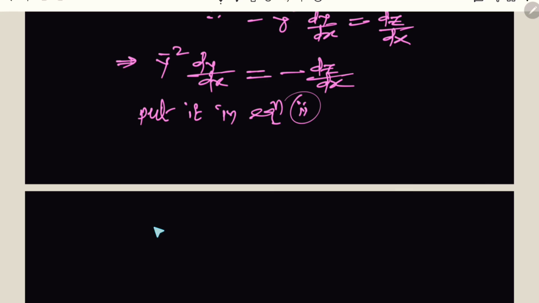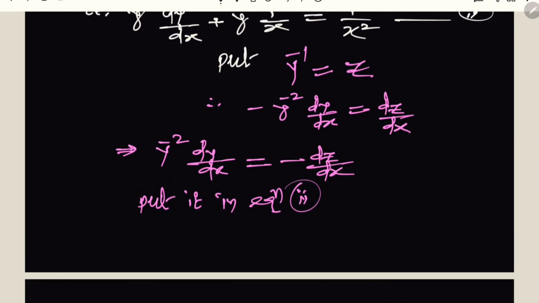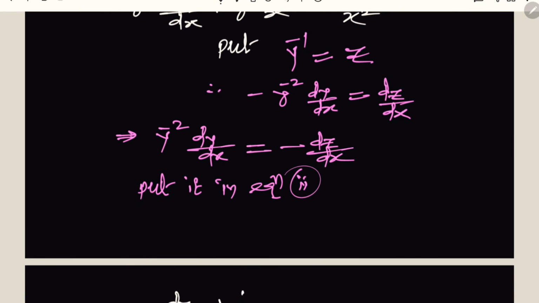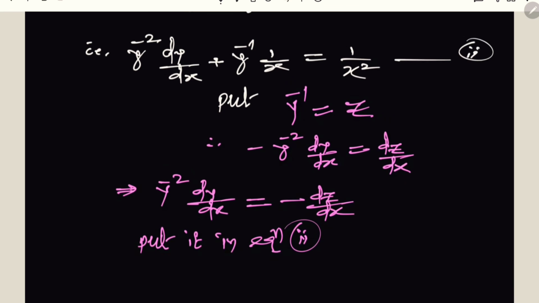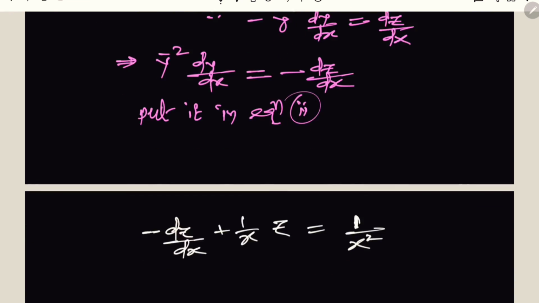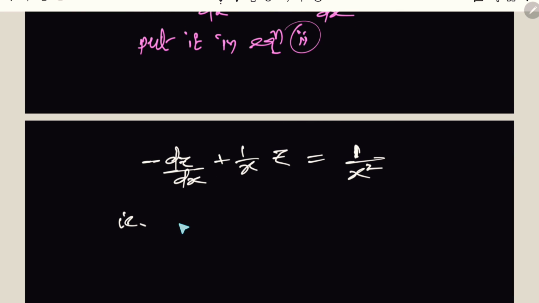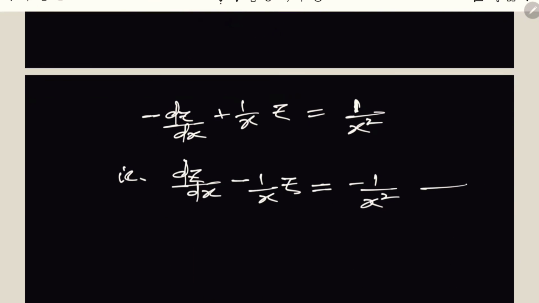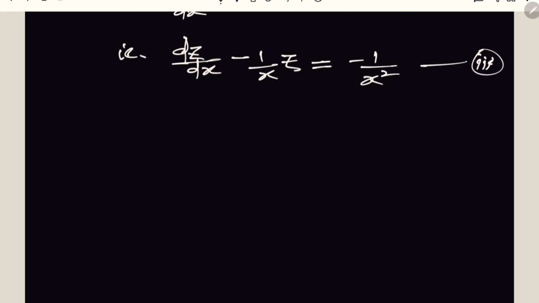Put this in equation 2. Equation 2 becomes minus dz by dx plus 1 by x into z is equal to 1 by x square. Multiplying by a minus sign throughout, we get dz by dx minus 1 by x times z is equal to minus 1 by x square, equation number 3.